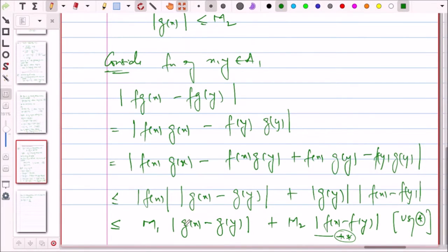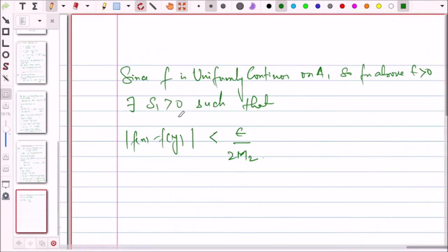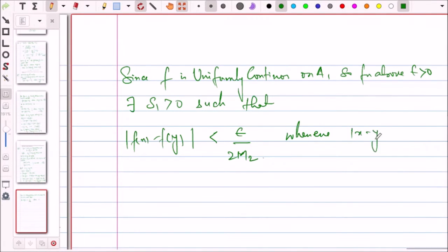Similarly, we will take this to be less than epsilon by 2m1, so overall we will get epsilon. That's why we are taking this to be less than epsilon by 2m2 whenever |x - y| is less than delta 1.